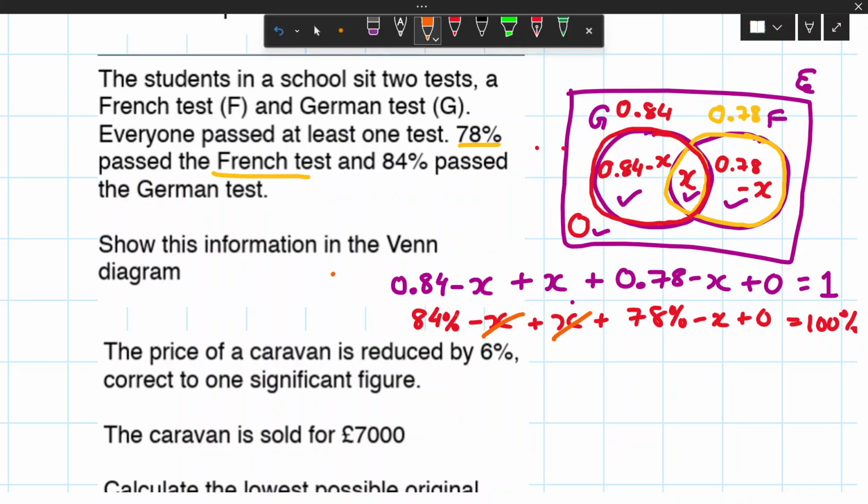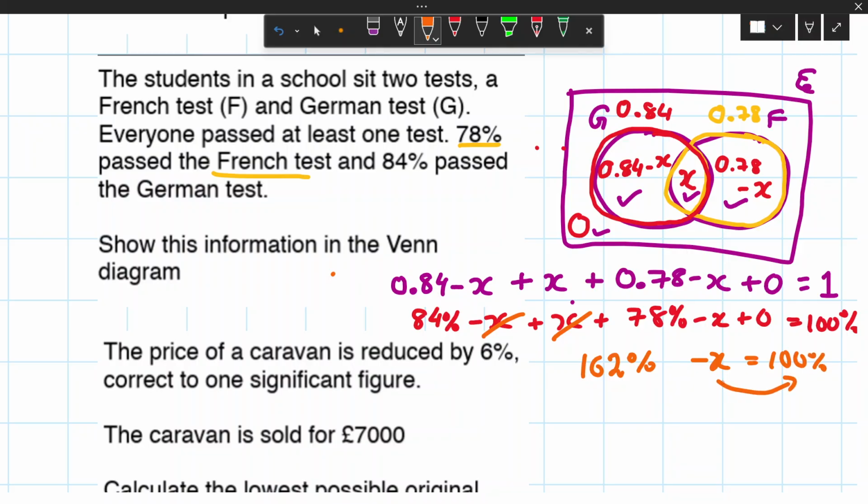Oh, yeah, exactly. So 78 and 84, that would be 162. Take away the X is equal to 100.